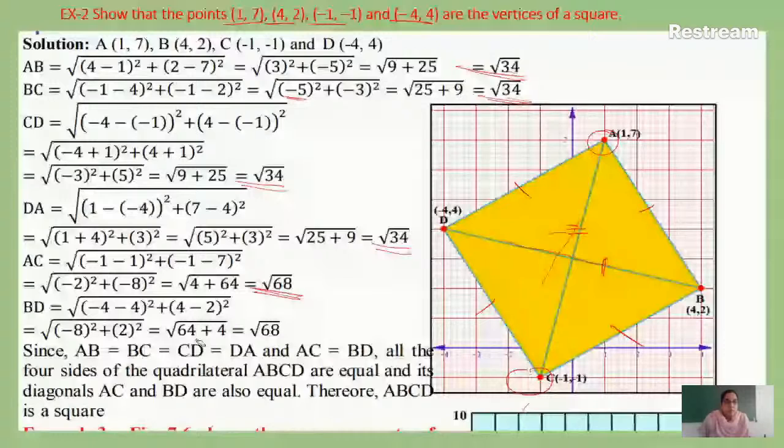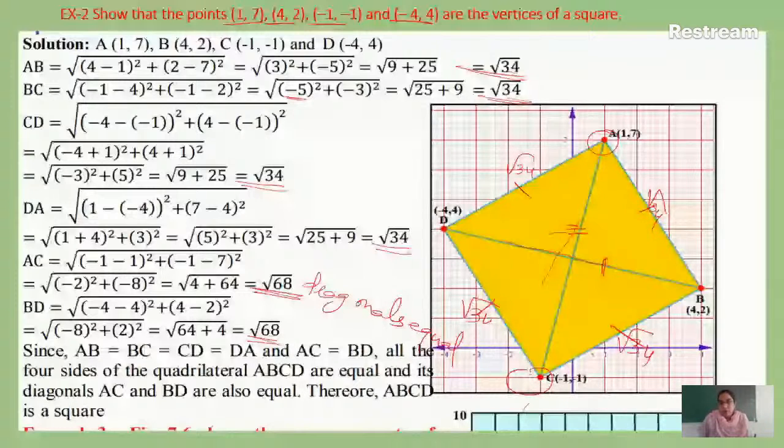Now we got that your diagonals are equal, and all the sides are equal. Root 34, it is root 34, and here also it is root 34. All sides are equal as well as diagonals are equal.